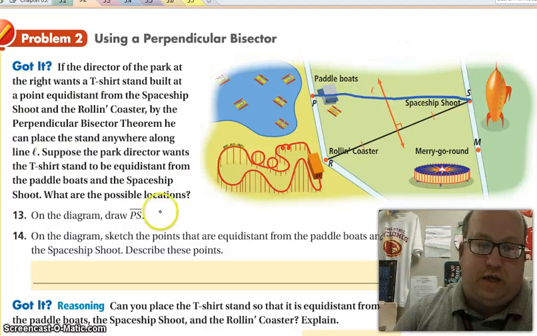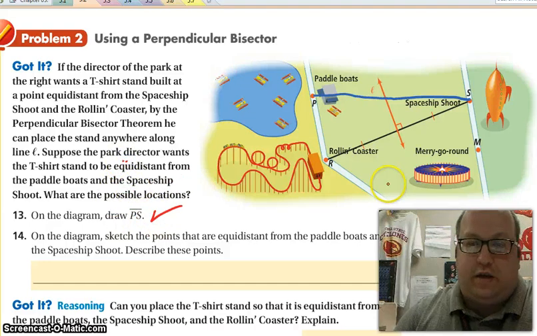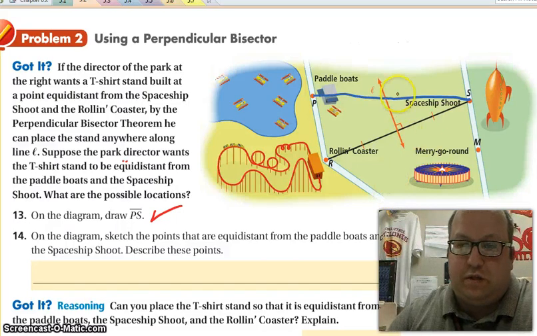Now, what would be places that are equidistant between the paddle boat and the spaceship chute? Now that I'm on the right page here, on the diagram, draw PS. Okay, I did that. Sketch the points that are equidistant from the paddle boats and the spaceship chute. Describe these points.